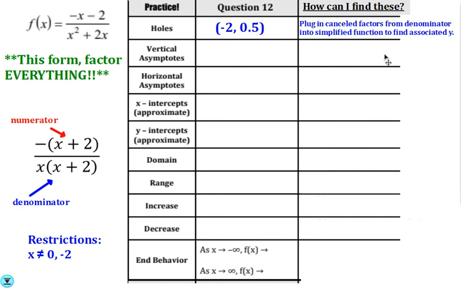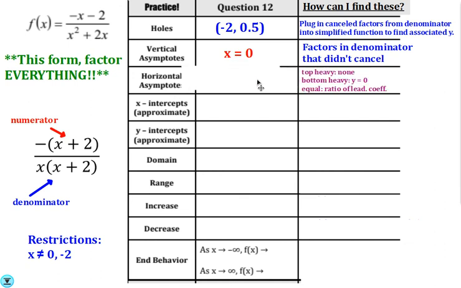Your vertical asymptote is the piece of your denominator that didn't cancel. So in this case, x equals 0. That's a little bit easier and nicer. Your horizontal asymptote is these little rules that we talked about. Top heavy, bottom heavy, and equal. So what that is referring to is this right here. We're going to look at the comparison of our leading terms.